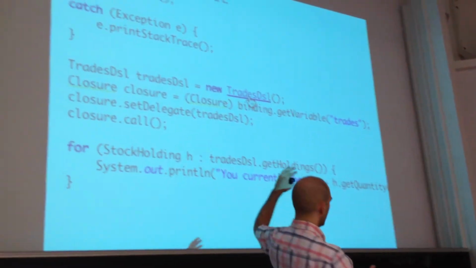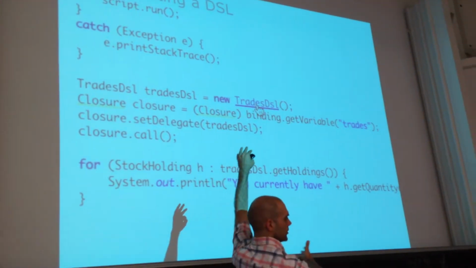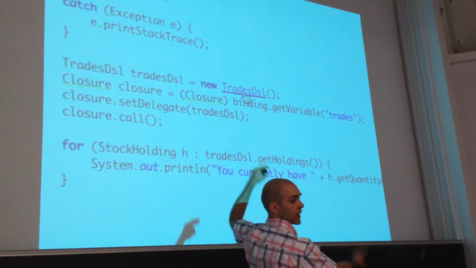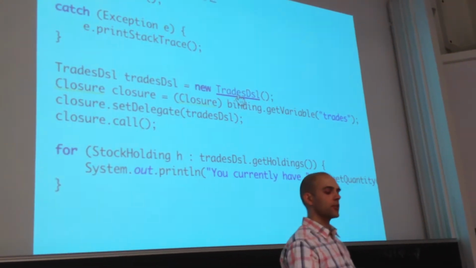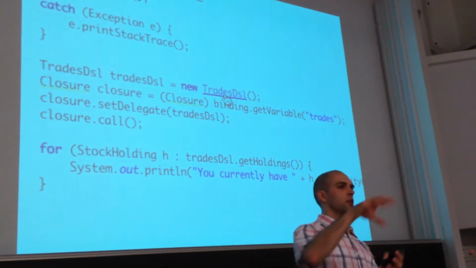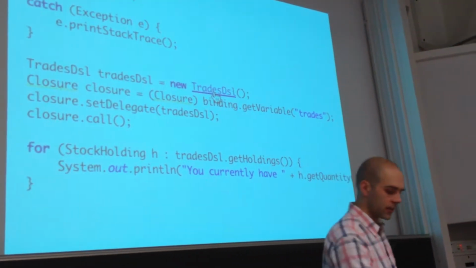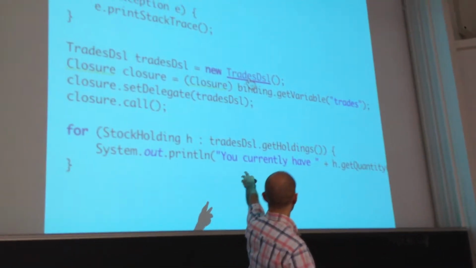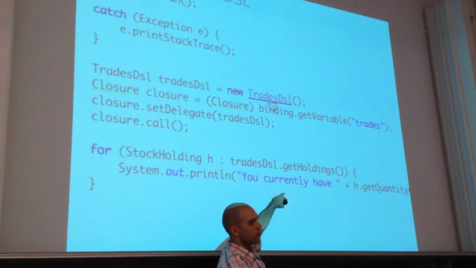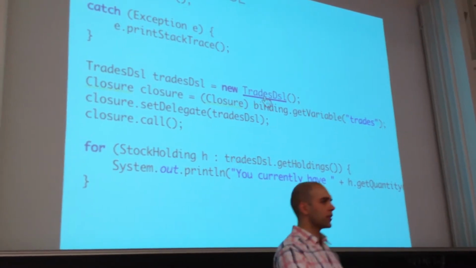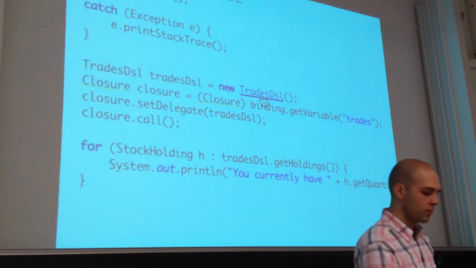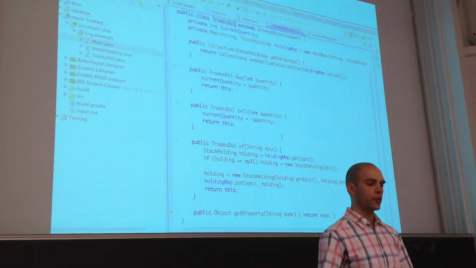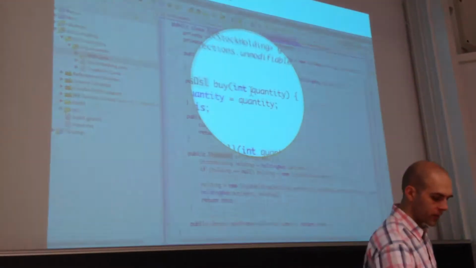So all of this code is just about running the script and running it against a DSL instance. The logic of the DSL is in a separate class called TradesDSL. And then we simply end up with TradesDSL having a variable holdings that we can access that has the information about which stocks you have and how much of each one.